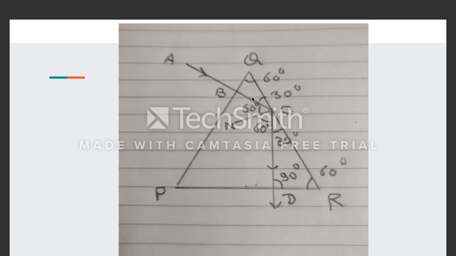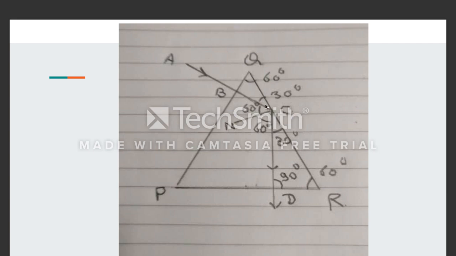The sum of the three angles of any triangle is 180 degrees. So subtracting 150 from 180, what do I get? This particular angle comes out to be 30 degrees.